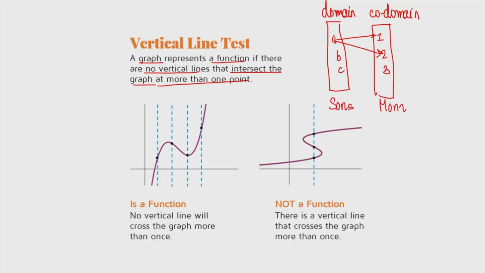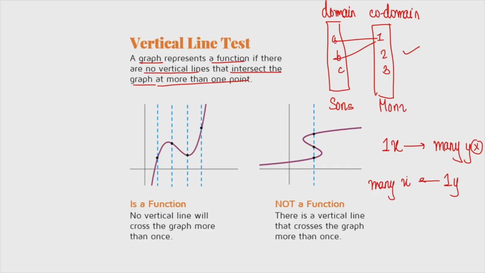One son cannot have two moms, though one mom can have two sons. This condition is possible, but a son cannot have many moms. Therefore, one x cannot have many y. So this is not possible. But one y can have many x. This is the concept of deciding whether a graph is a function or not.